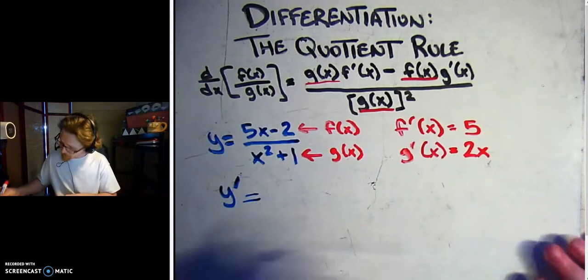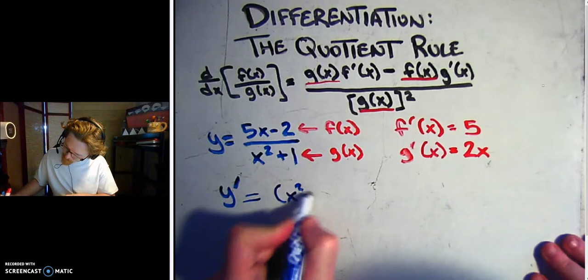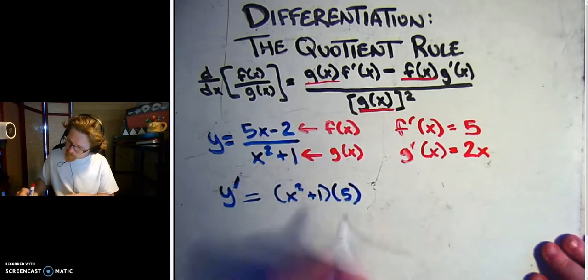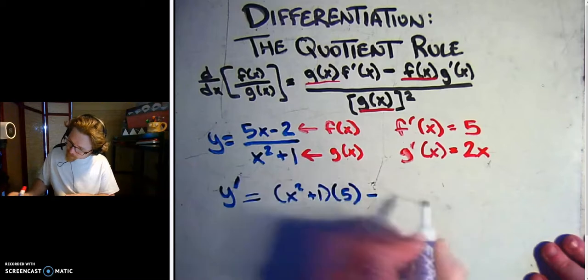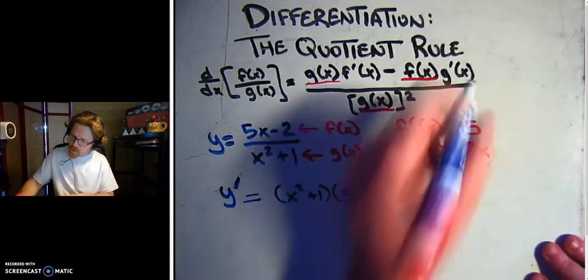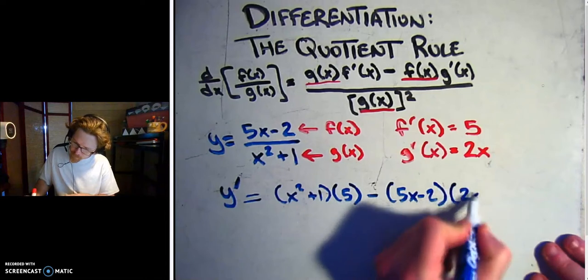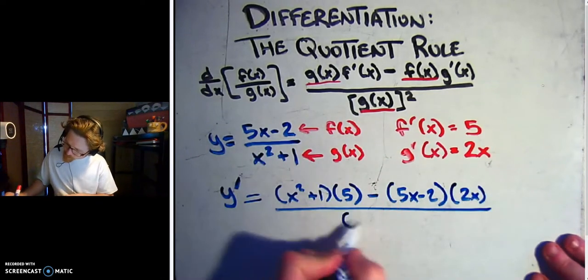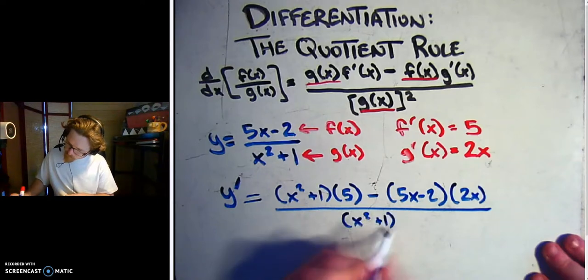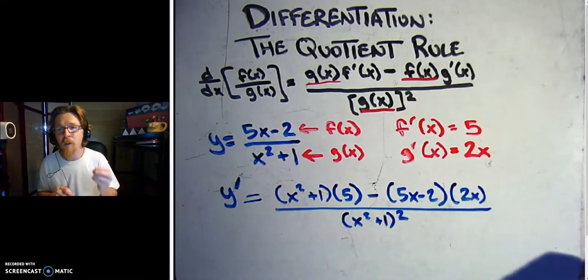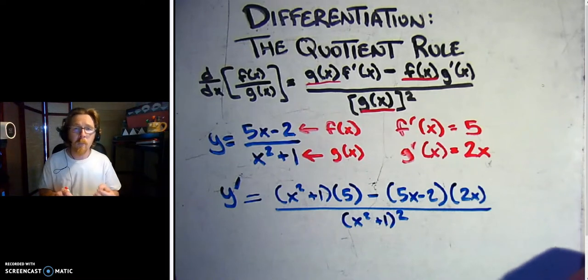So g of x is x squared plus 1, f prime of x is 5, f of x is 5x minus 2, and g prime of x is 2x, all divided by g of x, which is x squared plus 1, quantity squared.